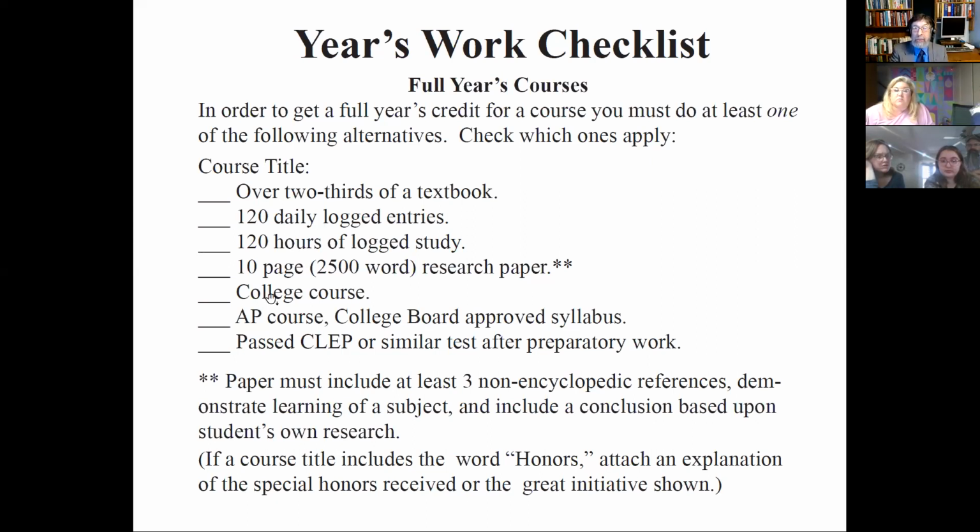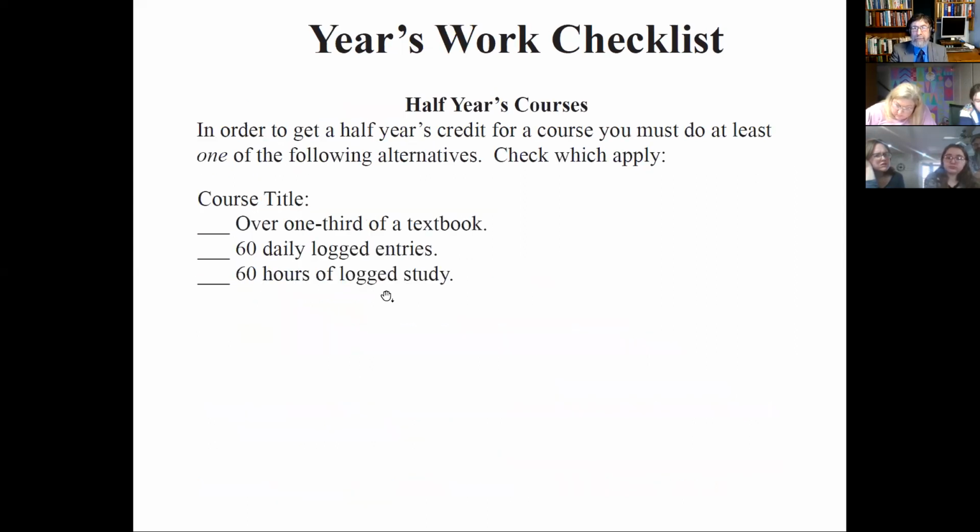So every college course is 1 high school course. Now, that's assuming it's a 3 or 4 credit course. If it's a short college course that only gets 1 or 2 credits, maybe 1 credit, then it's probably a half year of course, not a full year course. And that's my next topic, half-year courses.